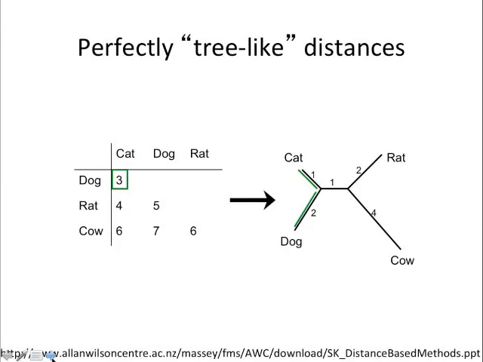Let's take a look at an artificial example that I have borrowed down here. In this case, we get a perfect tree-like distance. The distance from the cat to the dog is 3, and we can see the distance 1 and 2 is 3 here.